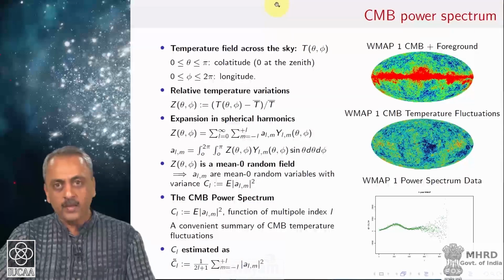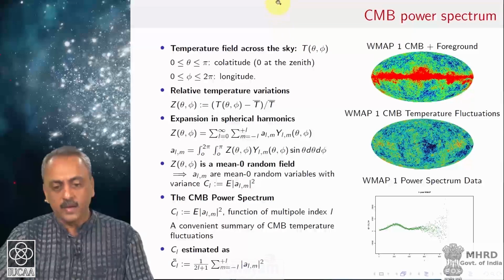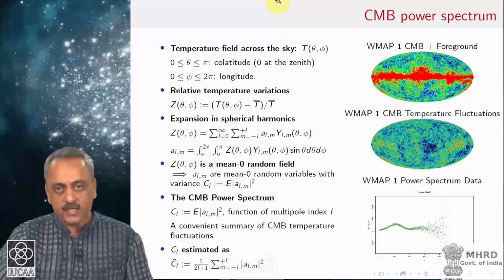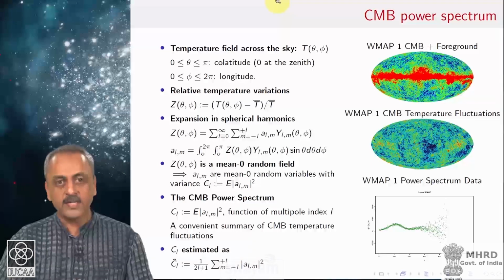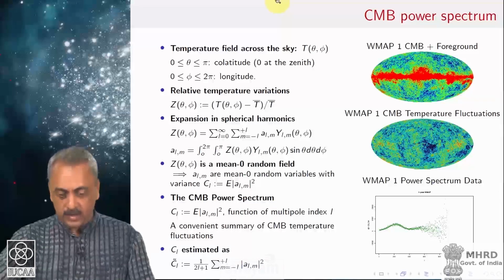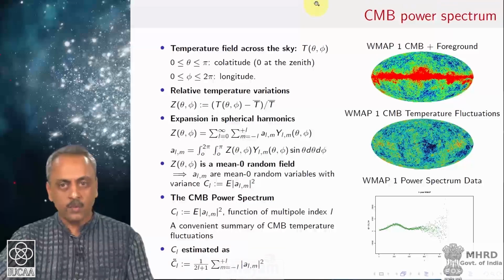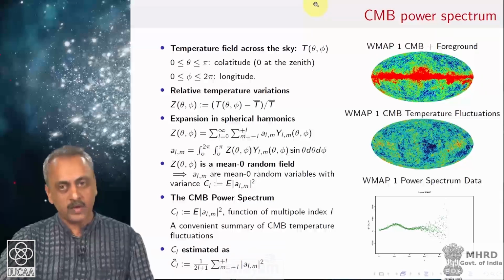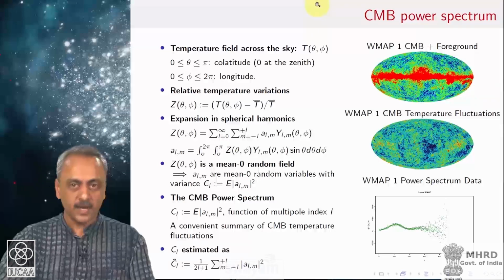From there on, the progress has been that in the early 90s, people started sending out probes into the sky to measure the CMB radiation reaching us from different directions in the sky. The early probe was called COBE, Cosmic Background Explorer. There are also many ground based experiments to measure the CMB.